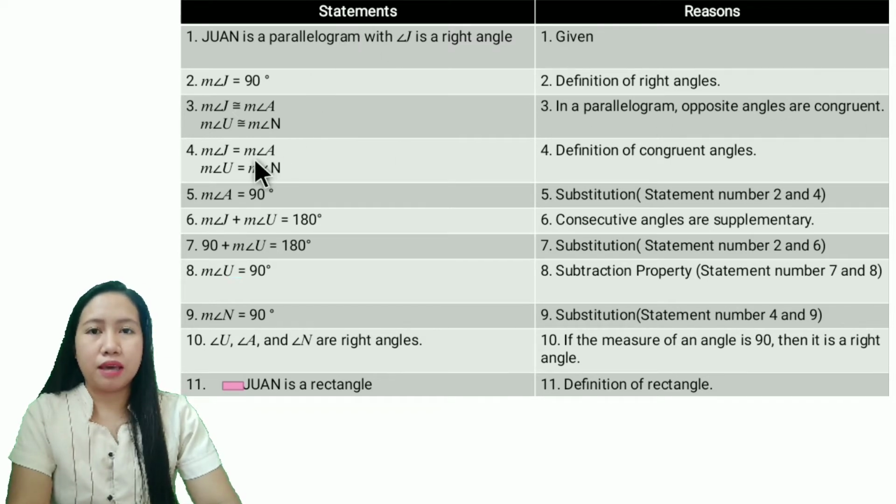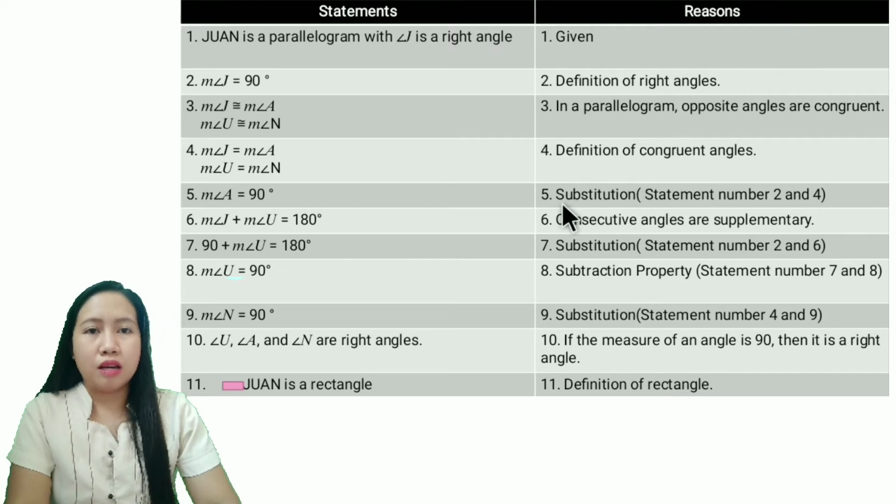Number 4, measure of angle J is congruent to measure of angle A. Measure of angle U is congruent to measure of angle N. Reason: by definition of congruent angles. Next, number 5, measure of angle A is equal to 90 degrees.